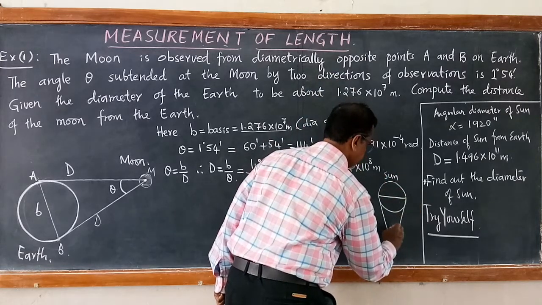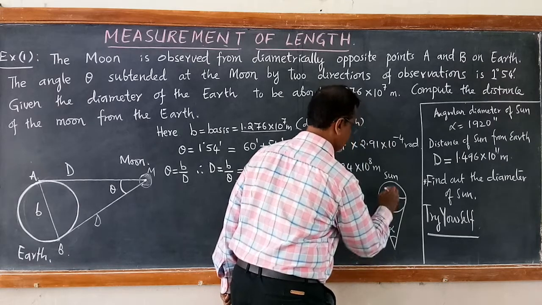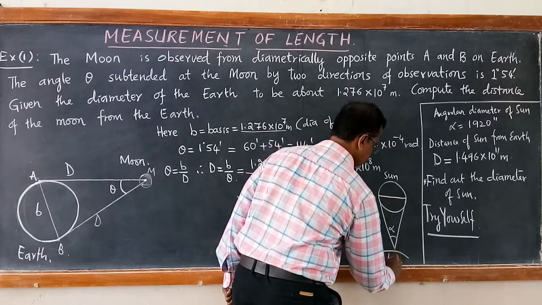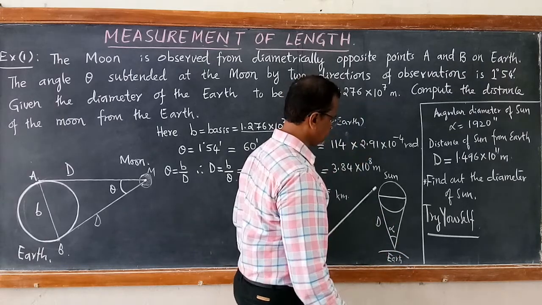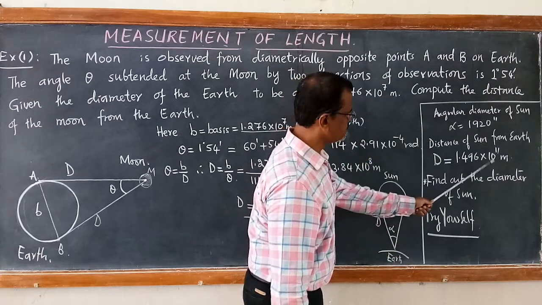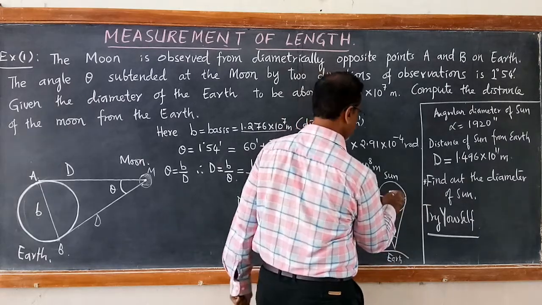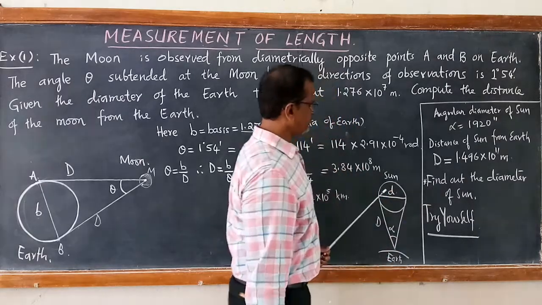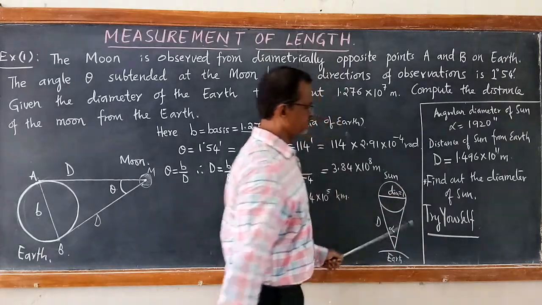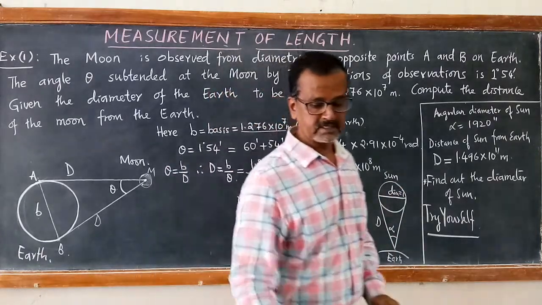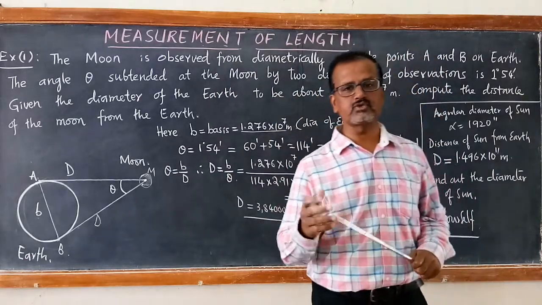This alpha is given, and the distance of sun from the earth's surface is given as 1.496 into 10 raised to 11 meter. You are asked to calculate the diameter of the sun. I think you can try it, and we will discuss a few more examples tomorrow.